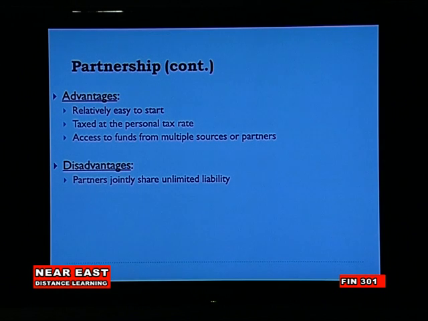The main advantages and disadvantages of this type: also, there are no complex procedures. For that reason, it is easy to start your business. And the tax is at the personal tax rate. Also, the partnership owners will pay the tax, not the company, because also there is no separation between the owner and the business.